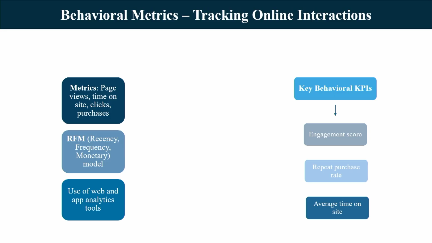Then next comes the repeat purchase rate, the percentage of people who are purchasing the brand again. Then ultimately the average time spent on the site. All these are key behavioral KPIs, especially in the context of digital marketing.